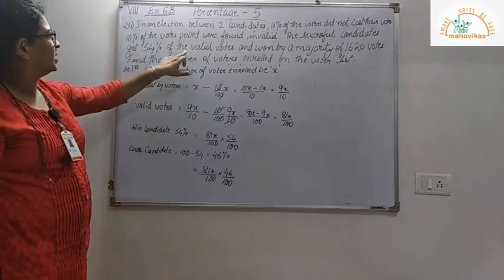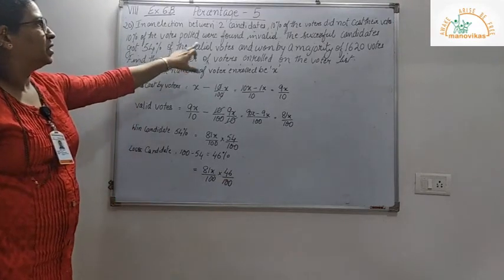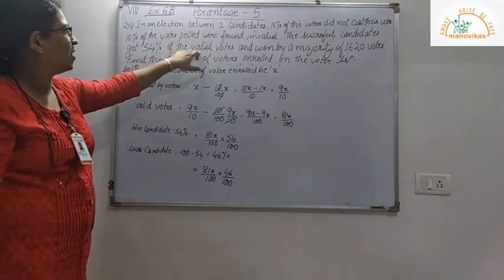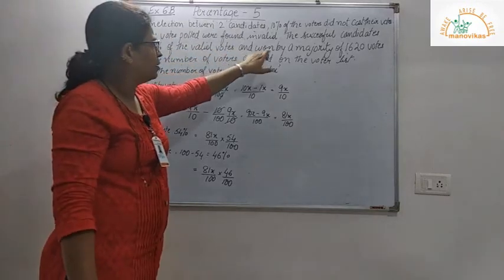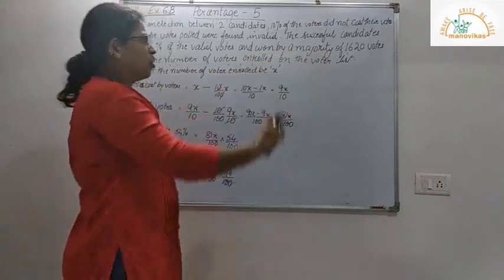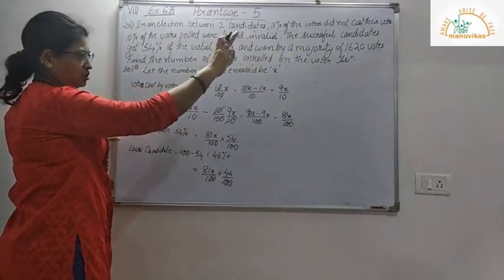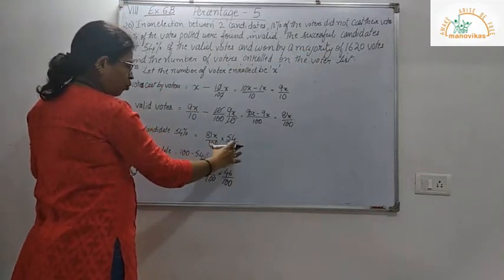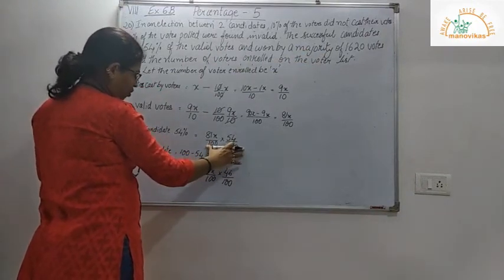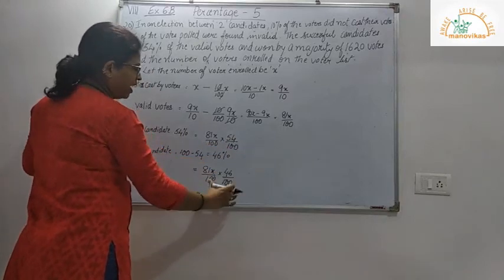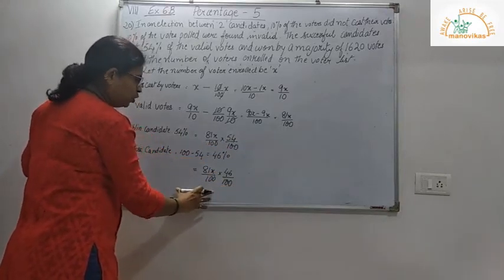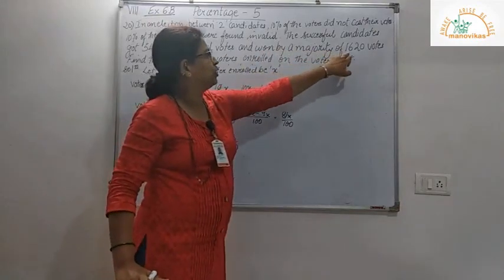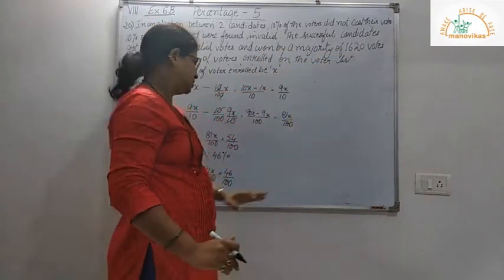Now, as per the next statement over here, the successful candidate got 54% of valid votes and won by a majority of 1620 votes. So, when I take the difference between the valid votes of the winning candidate minus the valid votes of the losing candidate, which is equal to the majority votes, that is 1620.